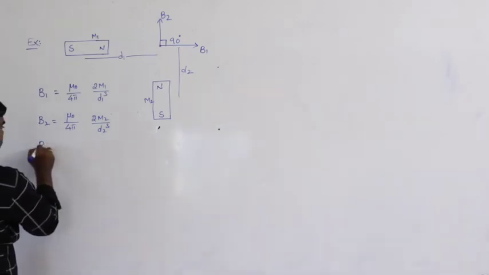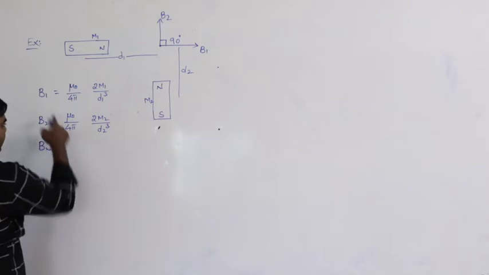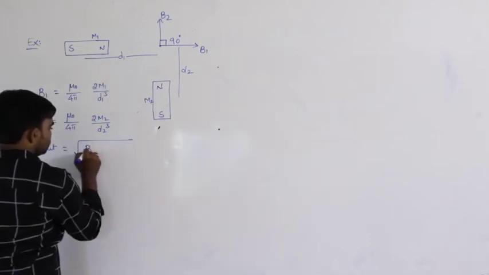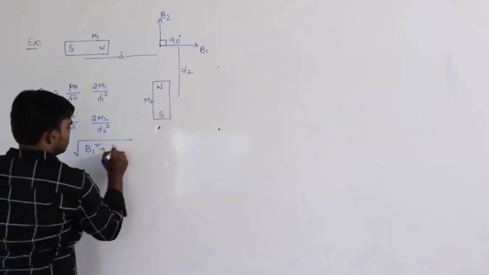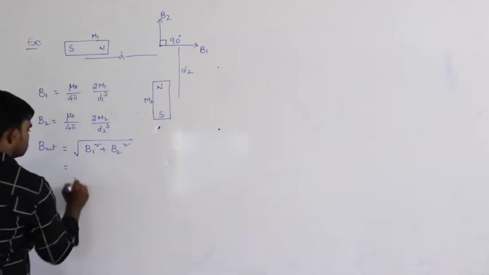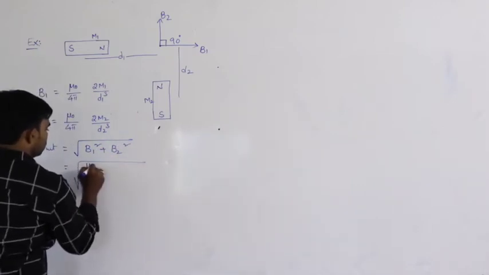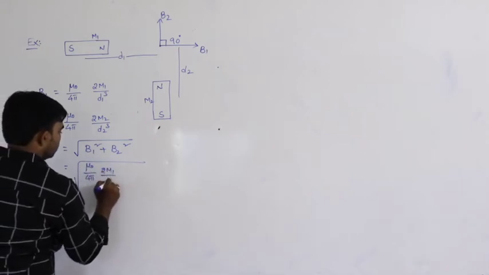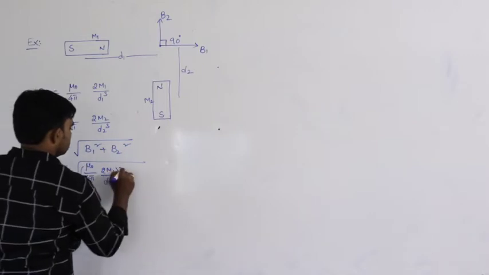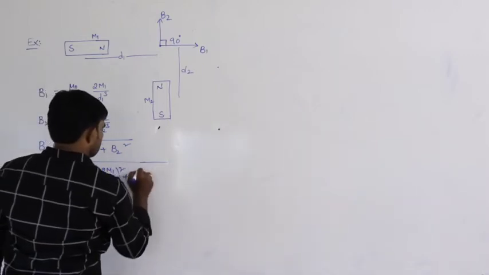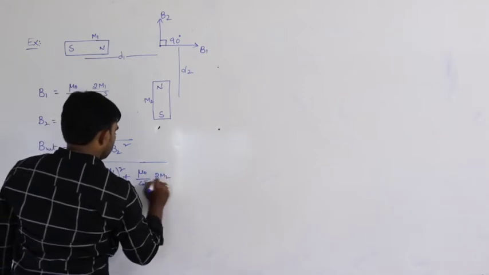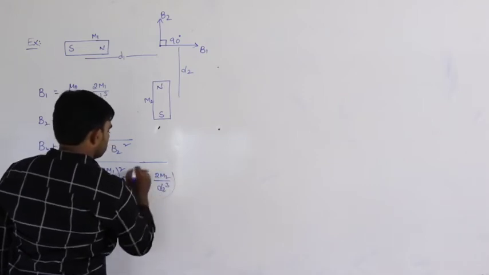So for the resultant magnetic field, the angle between these two is 90 degrees, so the resultant is under root B1 square plus B2 square. That is equal to under root of, mu naught by 4 pi, 2m1 by d1 cube whole square, plus mu naught by 4 pi, 2m2 by d2 cube whole square.